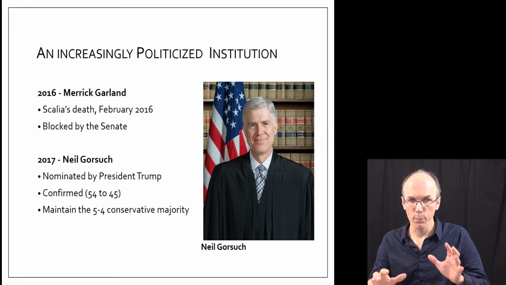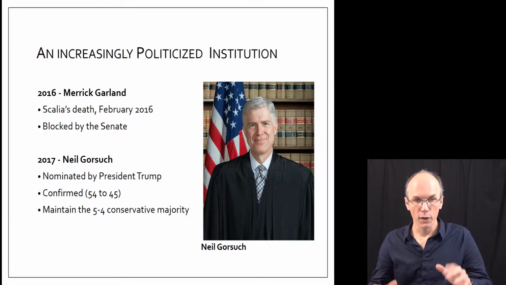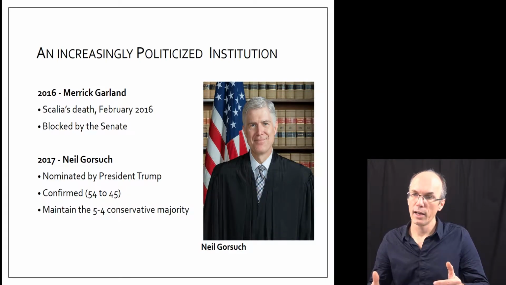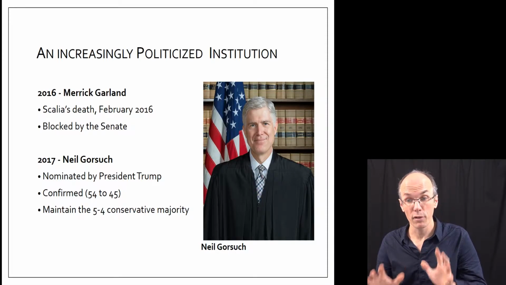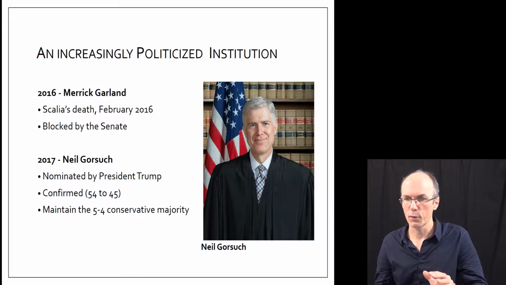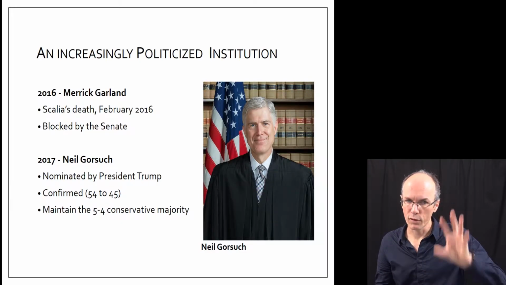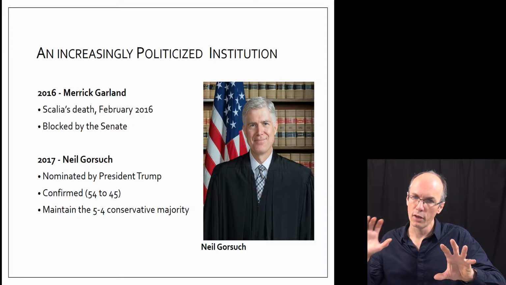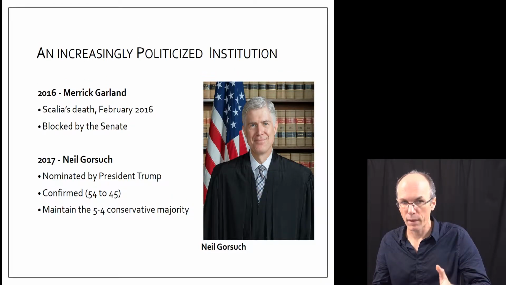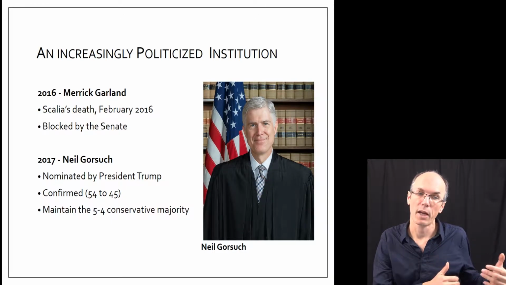So the position on the Supreme Court was held vacant until President Trump was elected, and he quickly chose Neil Gorsuch, a very conservative judge, who was nevertheless confirmed 55 to 45. So a conservative judge was replaced by another conservative judge, even though he should have been replaced by a liberal judge named by Barack Obama.